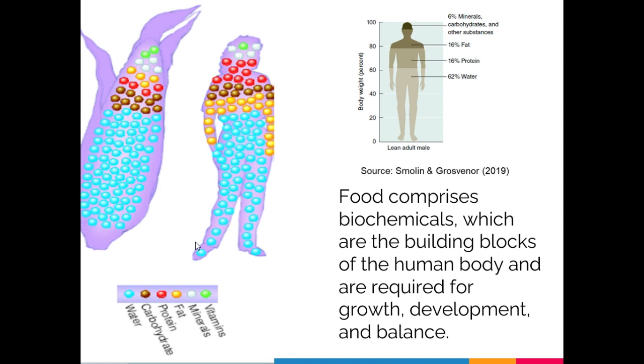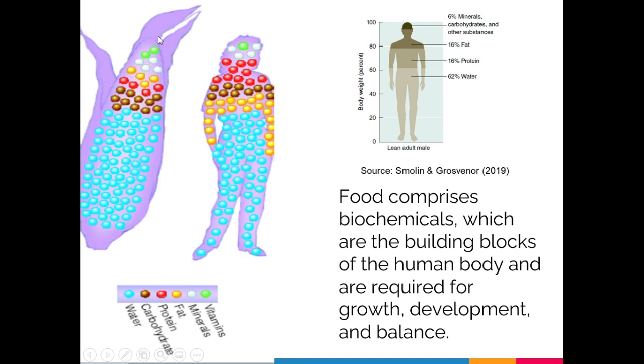Because food comprises biochemicals, which are the building blocks of the human body and are required for growth, development, and balance. Simply because the building blocks, the very components of our body, are derived from the foods that we eat. So whatever is in our foods is also what is in our body.